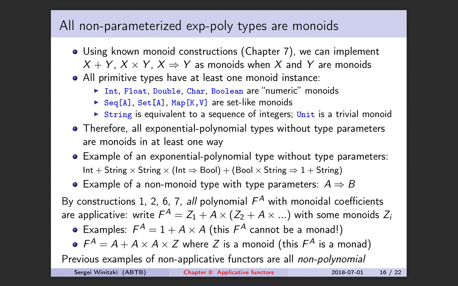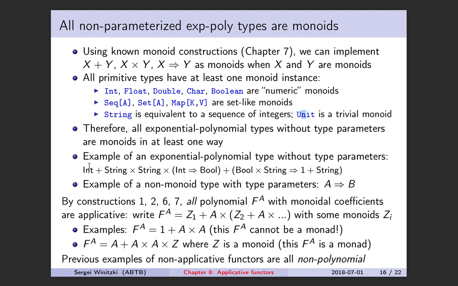So a function from, say, float to a sequence of strings is just one of these constructions applied to one of these types. And so they're monoids. So all exponential polynomial types, that is, all types constructed from these three operations, starting from the primitive types, are going to be always monoids, at least in one way, sometimes in more than one way.